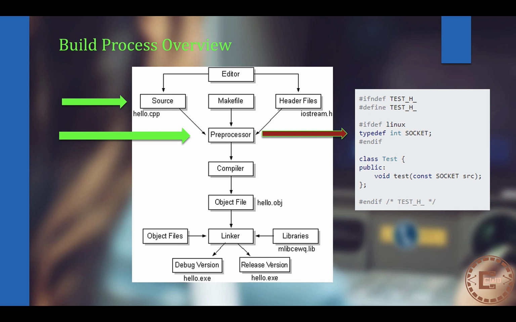Sometimes for compatibility issues, you do those checks, and those are being done at the preprocessor with those #ifdef and #ifndef instructions, which mean if defined or if not defined.